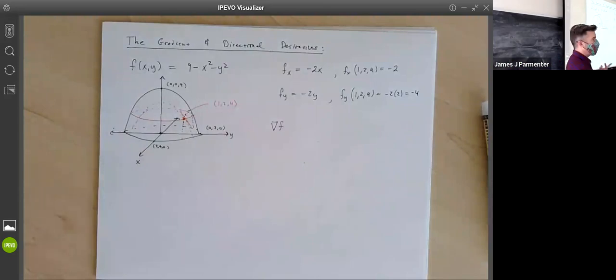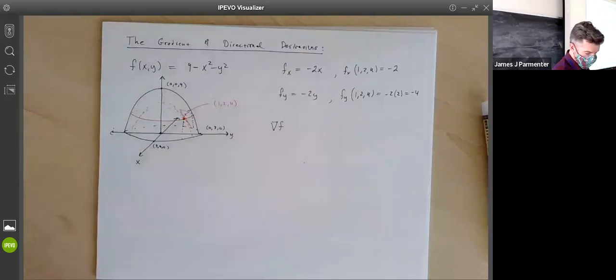So basically the gradient is always a vector, and you write each component of the vector as the next partial derivative. So if my function was a function of x, y, and z, the gradient would be a vector where the components were the partial with respect to x, the partial with respect to y, the partial with respect to z, and so on.